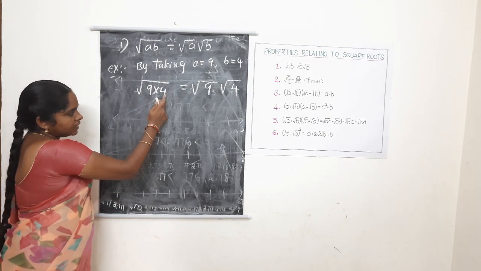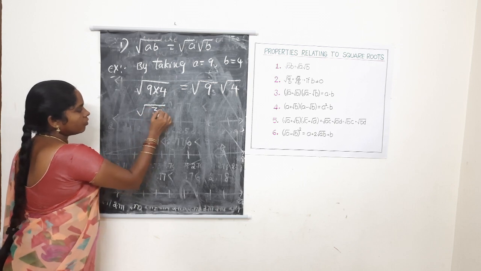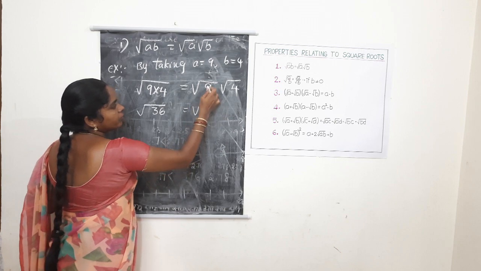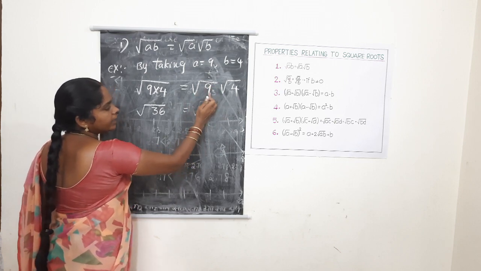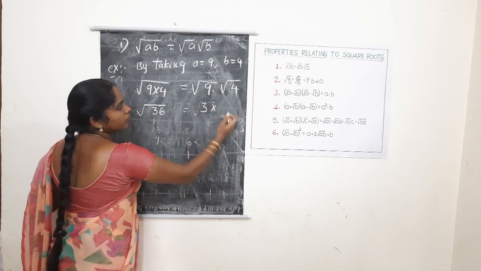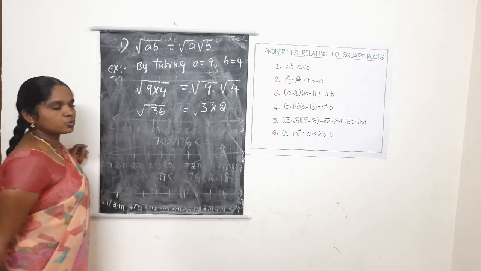So 9 4s are 36. Square root of 36 equal to square root of 9 is 3 into square root of 4 value is 2.